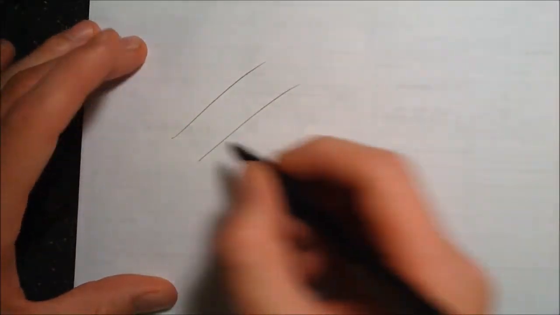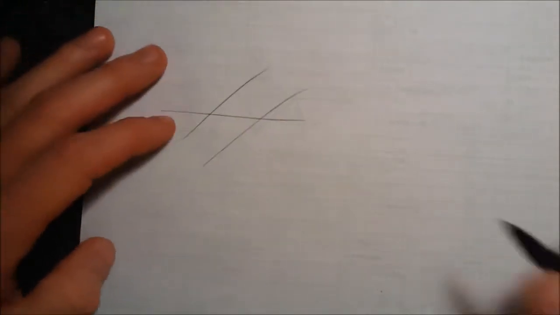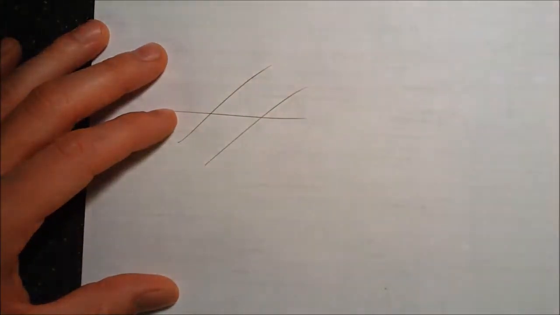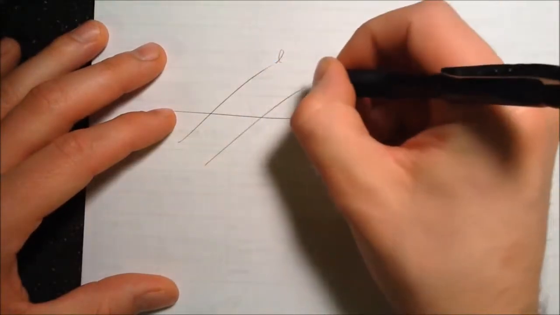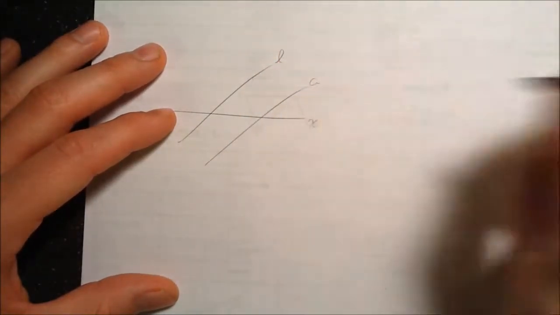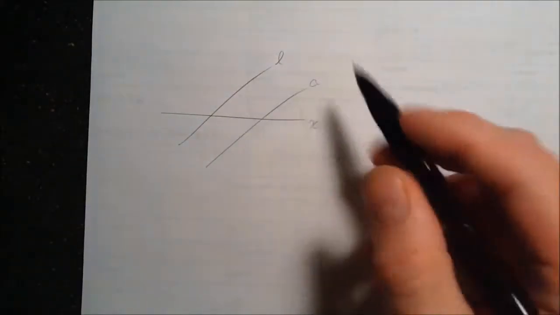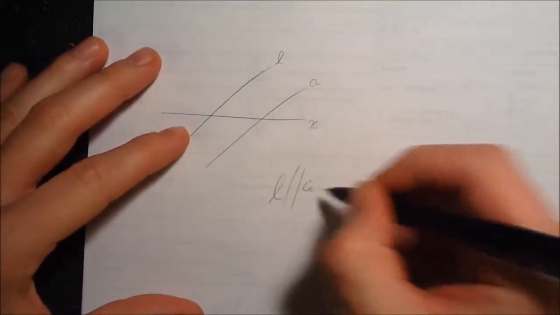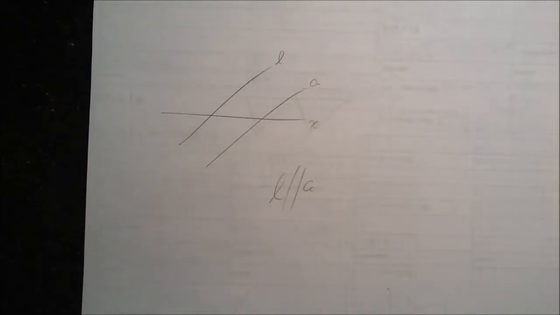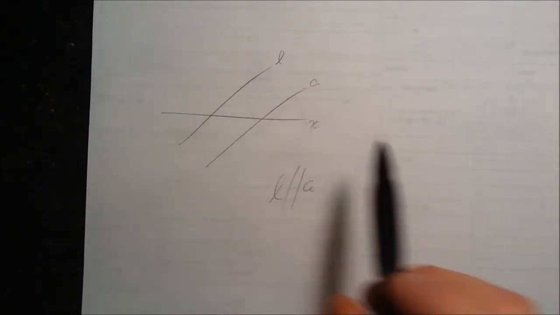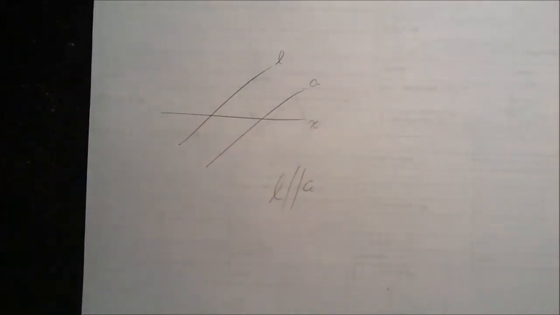But let's say I had these two lines and they were cut by a transversal. So we'll say that this is line L, line A, and line X. If I wanted to prove that line L was parallel to line A, and it's this situation where it's cut by a transversal, there's 4 ways of doing that.